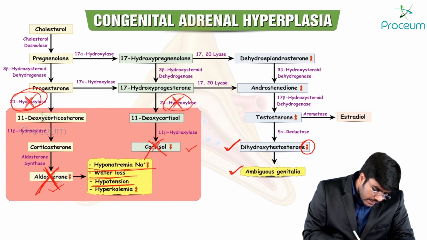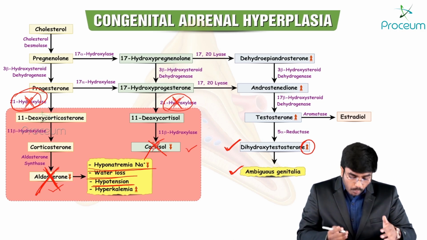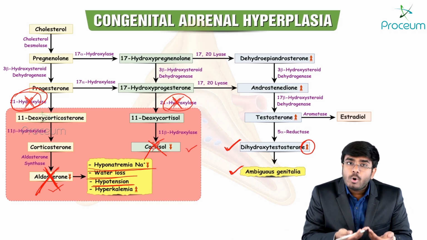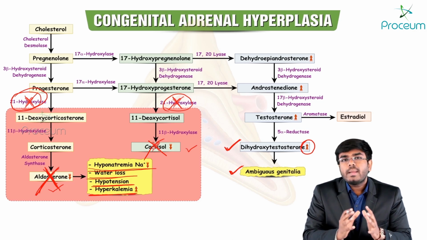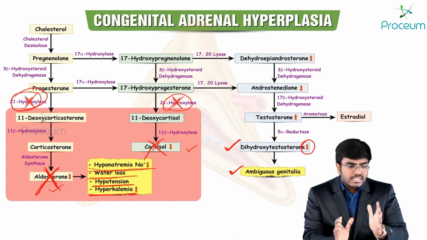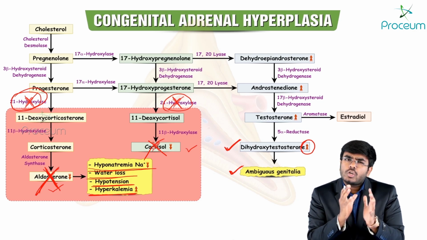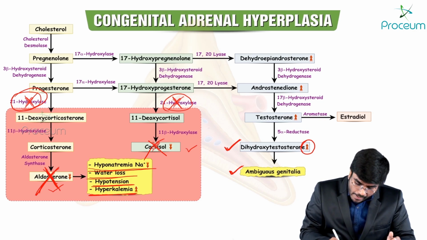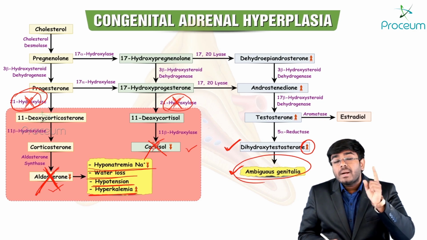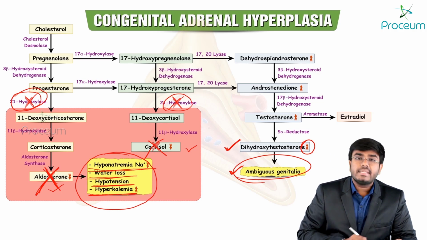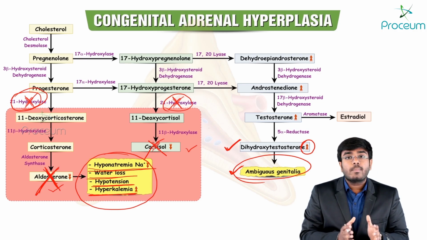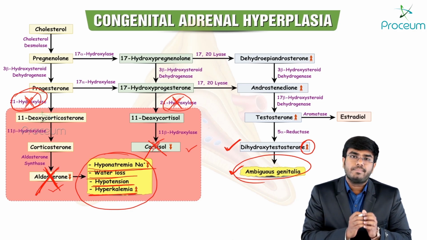So whenever there is decreased aldosterone, potassium will accumulate in the body, that will cause hyperkalemia. So what I am trying to put into your mind is that congenital adrenal hyperplasia is not only a condition of ambiguous genitalia, but also a condition of electrolyte abnormalities, and these electrolyte abnormalities can even kill the baby.